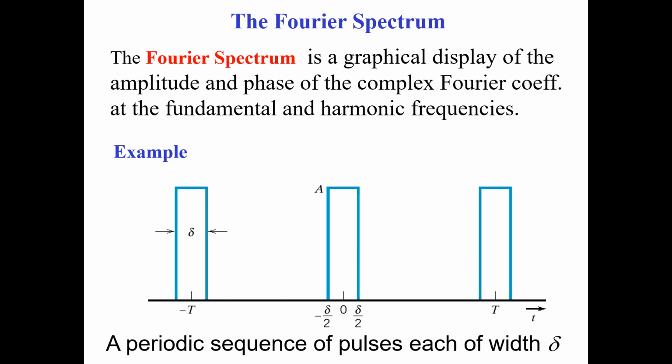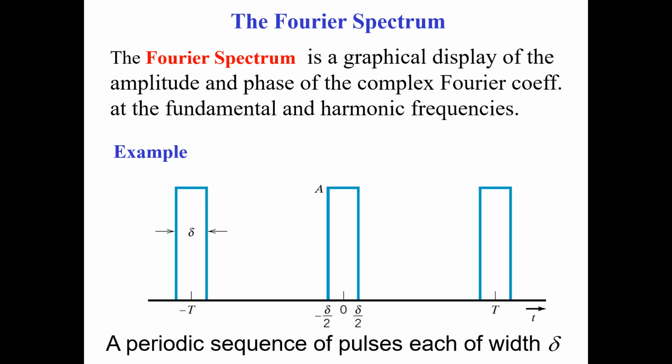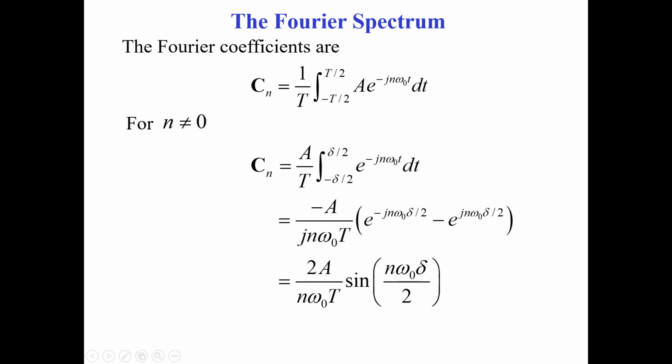This is a Fourier spectrum, the graphical display of the amplitude and the phase of complex Fourier coefficients at the fundamental and harmonic frequencies. The periodic sequence of pulses. The Fourier coefficient, you already know it's written like that, and for this particular case it can be evaluated in this way.